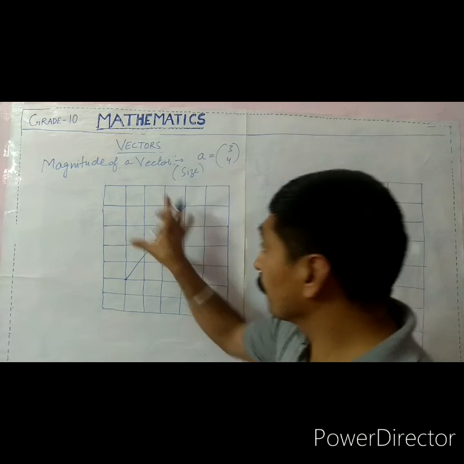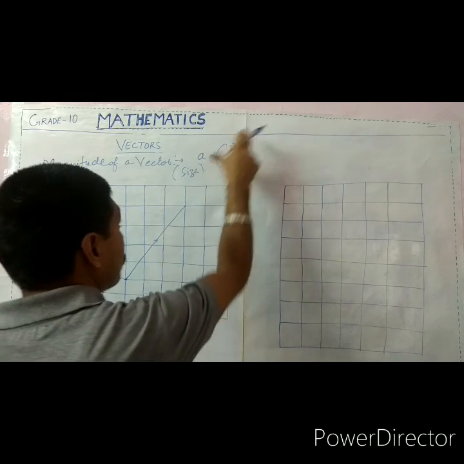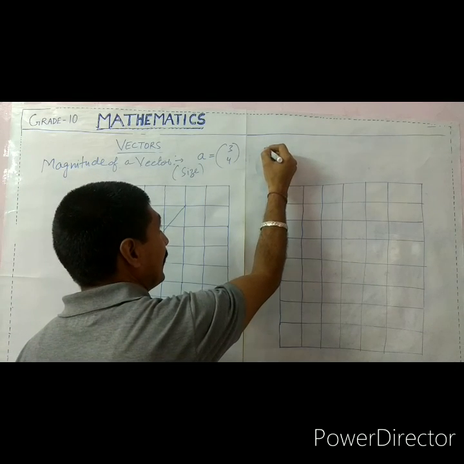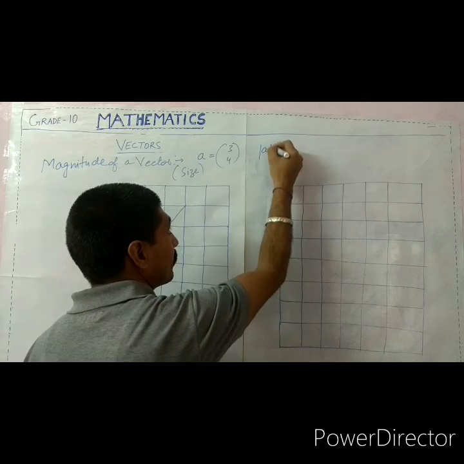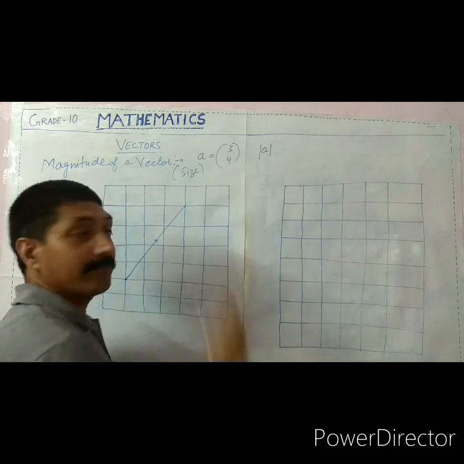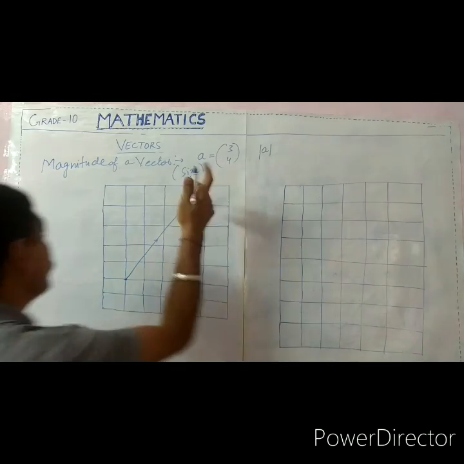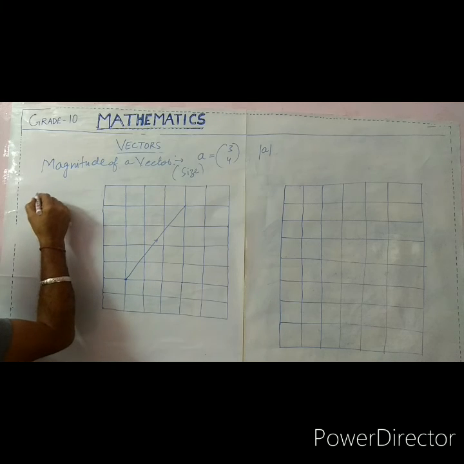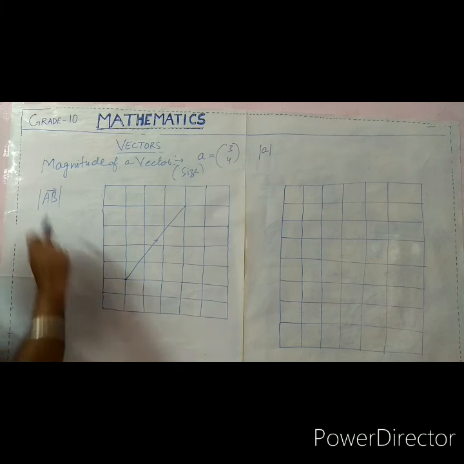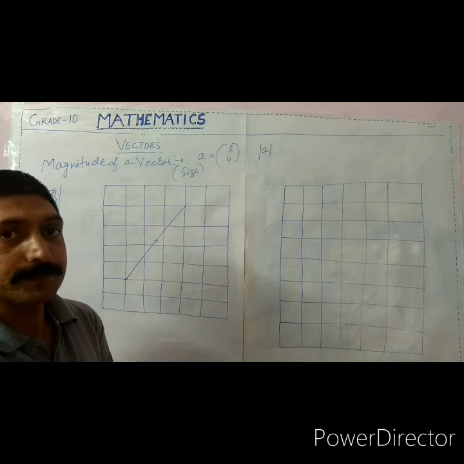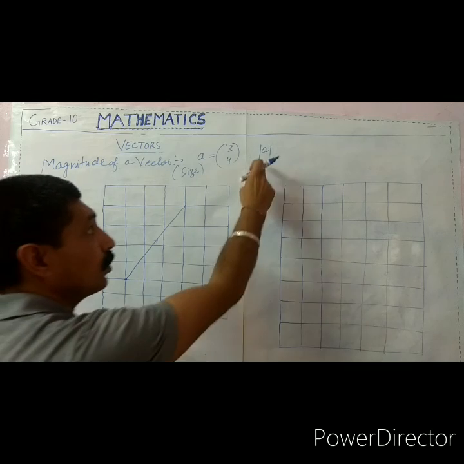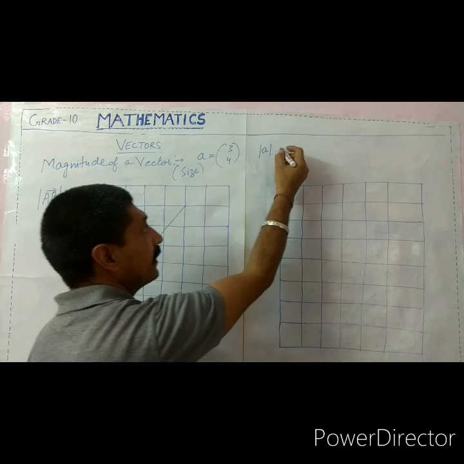So we represent the magnitude of the vector in this form, like modulus. This is the magnitude of vector A. Or if AB is a vector, then we write this, called the magnitude of the vector AB.